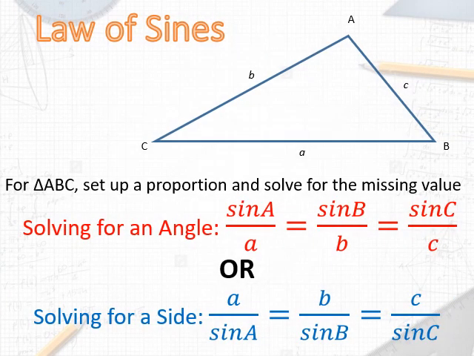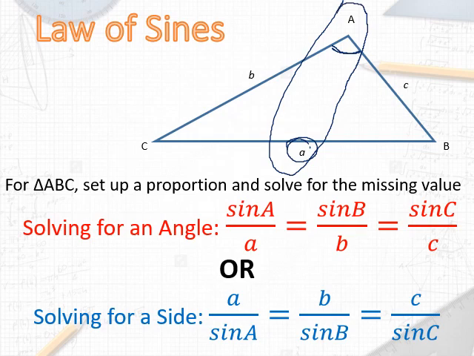So here's your formula. It looks kind of confusing at first. It's actually not that bad. Basically, what we mathematicians found is that if you take the sine of an angle, say sine of angle A, and you divide it by the side across from it, it creates a proportion, and you get the same proportion if you take the sine of another angle divided by the side across from it.